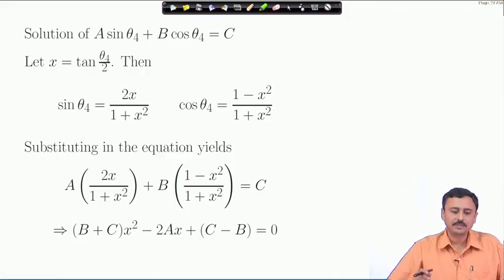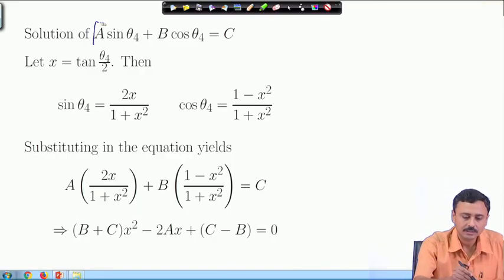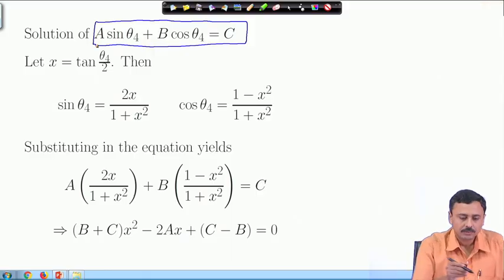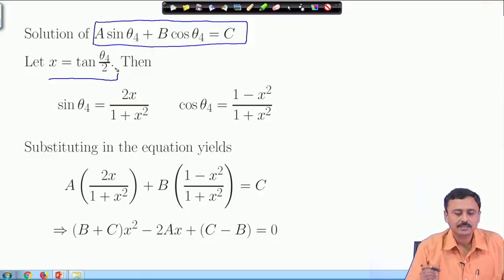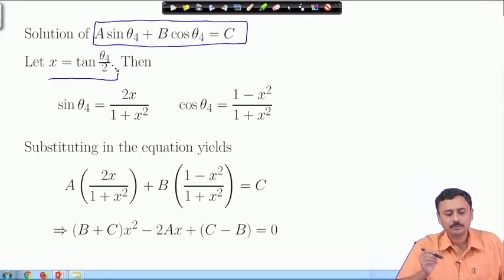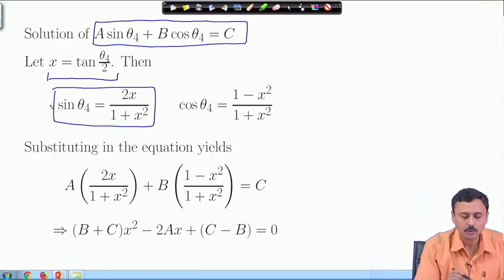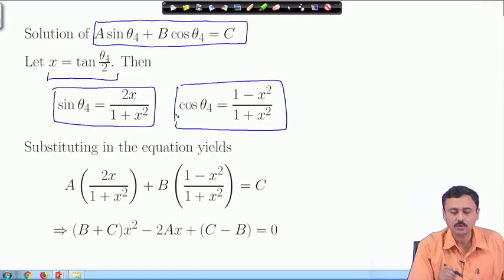Now, how to solve this equation? A sin theta 4 plus b cosine theta 4 equal to c. We make a substitution, x equal to tan theta 4 by 2. If I consider x in this form, then sin theta 4 is 2x divided by 1 plus x square and cosine theta 4 is 1 minus x square by 1 plus x square.